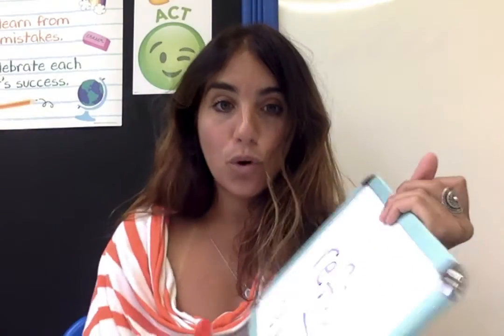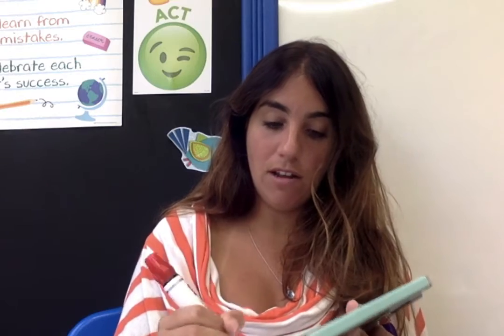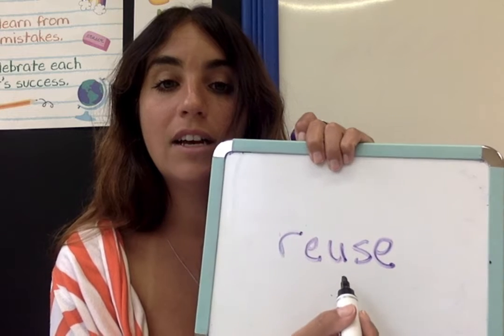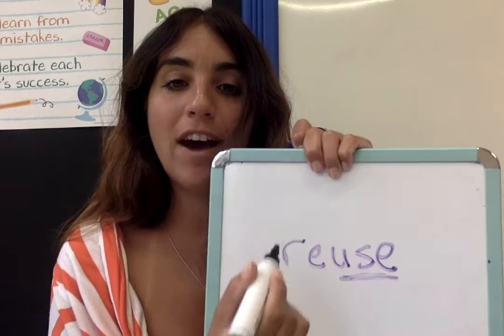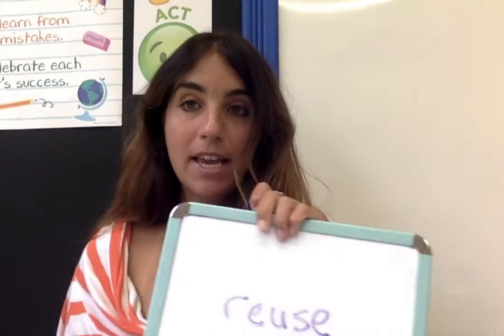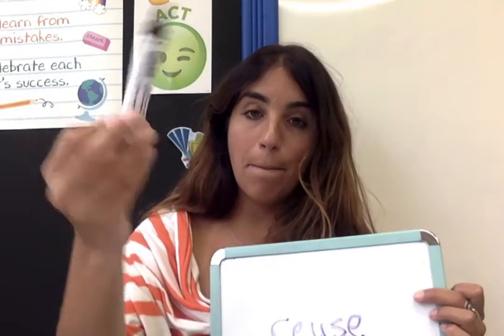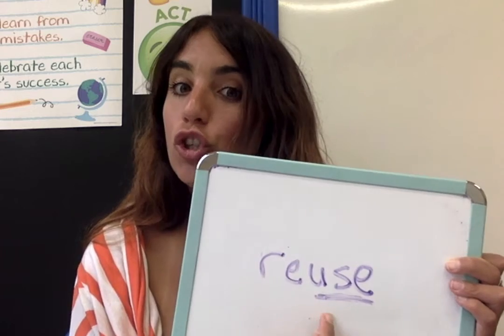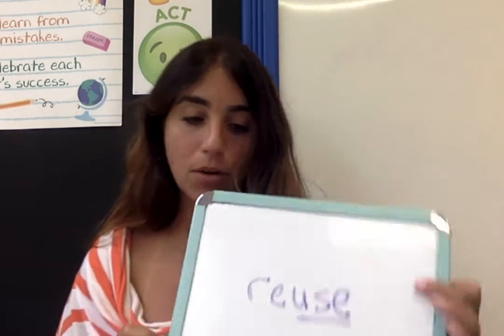So our root word in reuse, if I write that down right here, reuse. Our root word in reuse is use. And then we've got that re again. So that means to use something again. So for example, I reuse my pens every day until they run out. I don't just use them one time, I reuse them, okay?